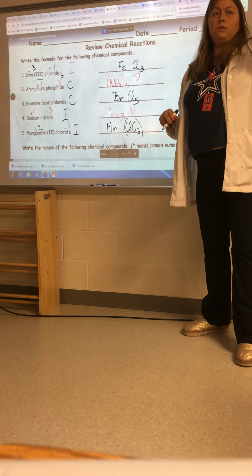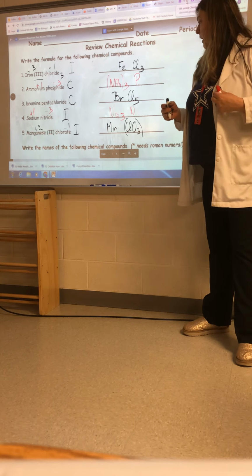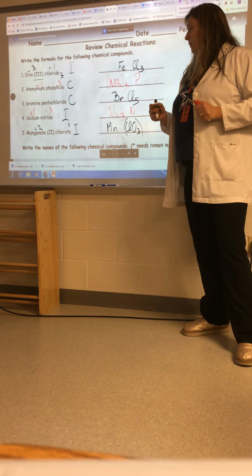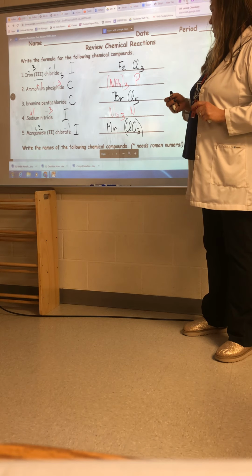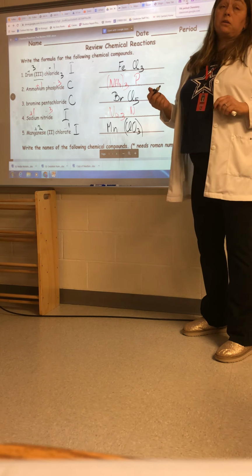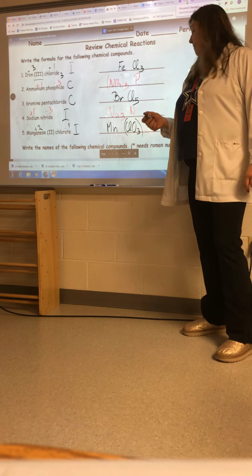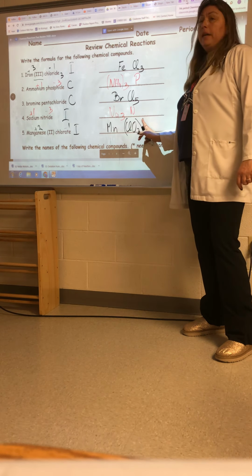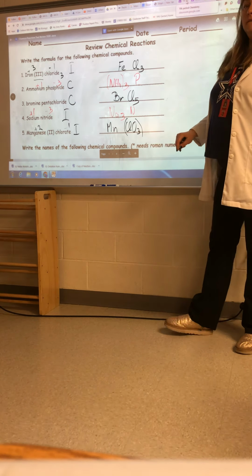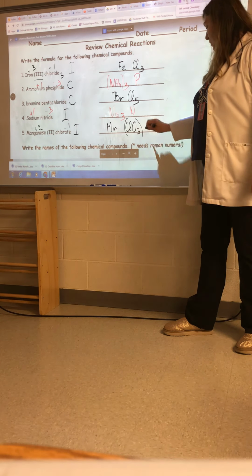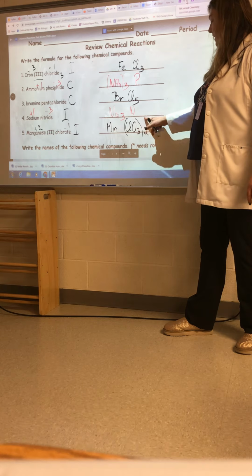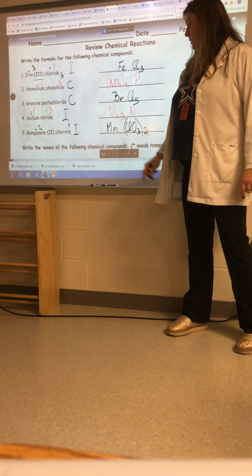Manganese is +2, chlorate is -1, so how many do I need, rather? This is 2, this is -1. I need 2, right? Because 2 times -1 will balance out the +2.